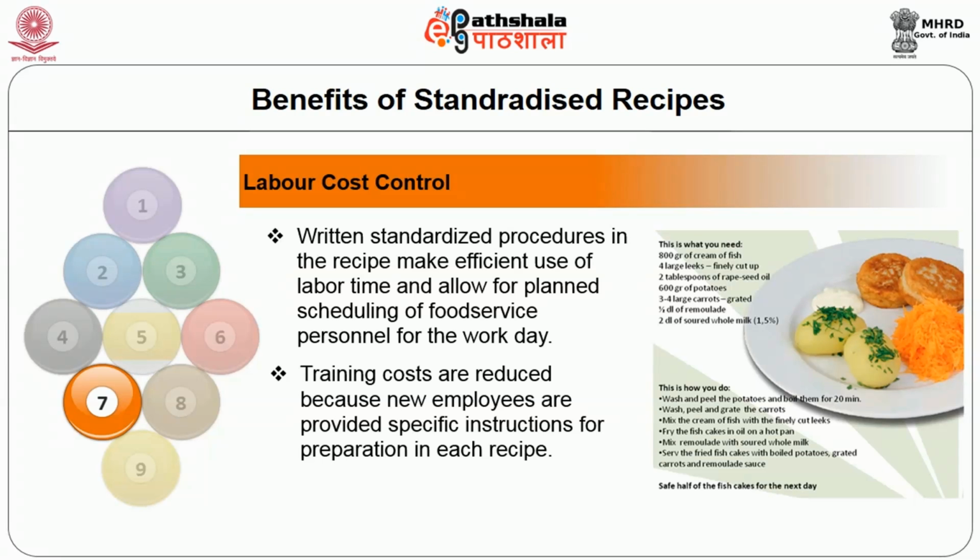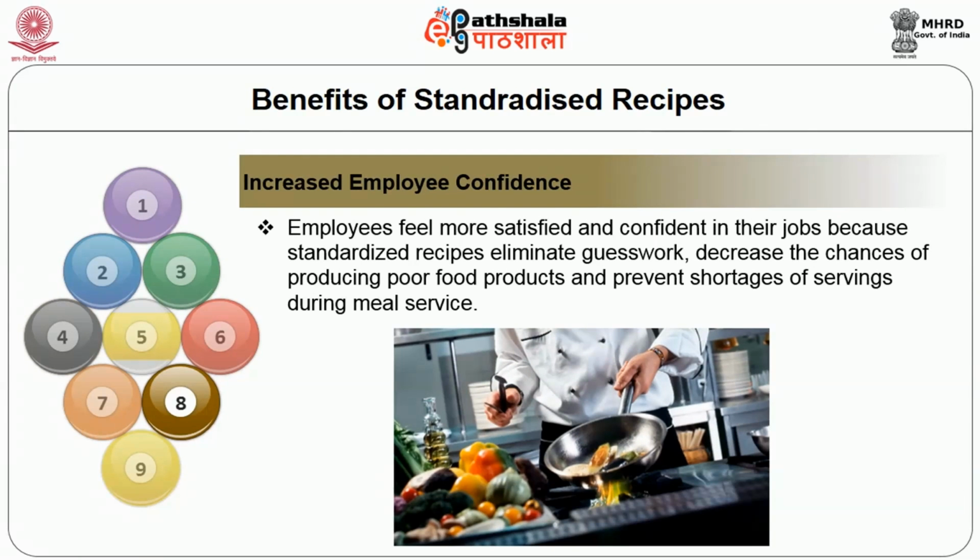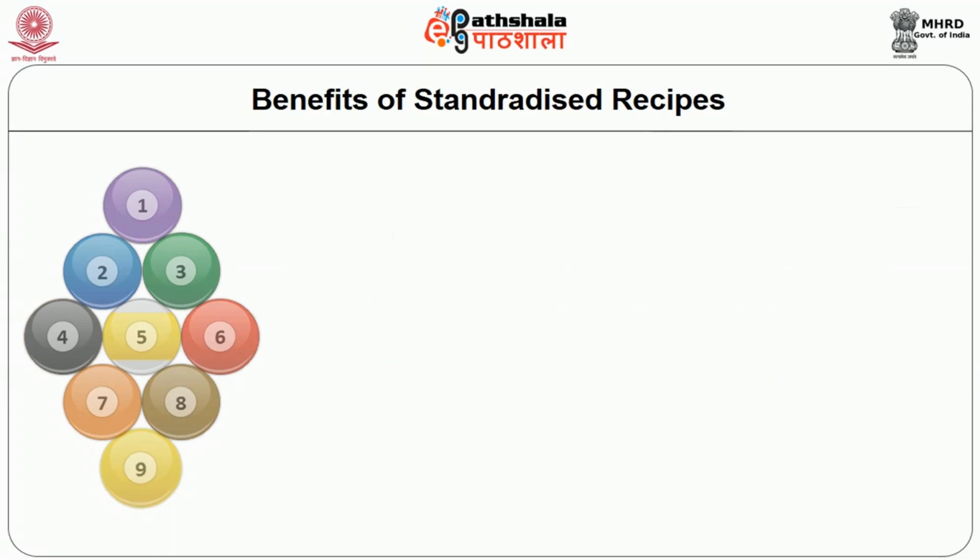Training costs are reduced because new employees are provided specific instructions for preparation in each recipe. Increased employee confidence. Employees feel more satisfied and confident in their jobs because standardized recipes eliminate guesswork, decrease the chances of producing poor food products and prevent shortages of servings during meal service.